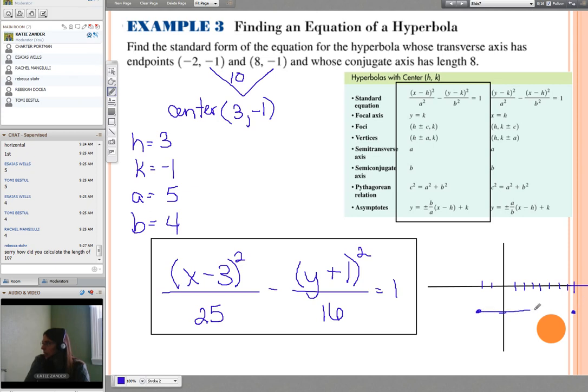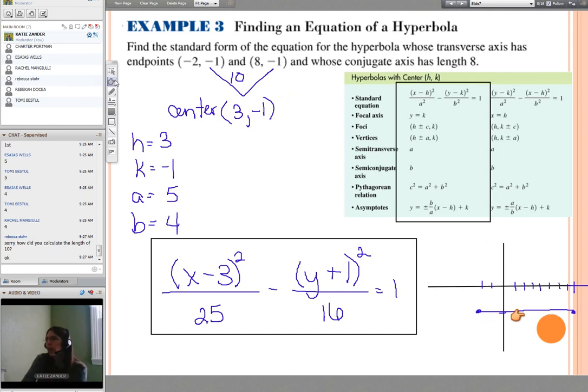If this is the length of that transverse axis, we can count the actual spaces between them. In other words, you could just subtract those x values: 8 minus -2 would be 8 plus 2 to get that length of 10.